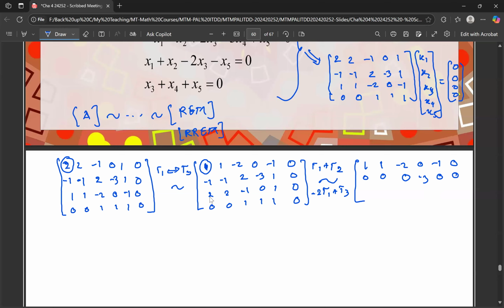We multiply by -2, so of course this must be 0, and this is also 0. Minus 2 plus 4, added to -1, will be 3 here. -2 times -1 becomes 2, added to 1 will be 3. And the fourth is not affected, so we copy it.